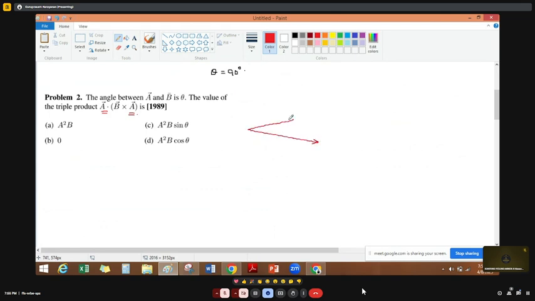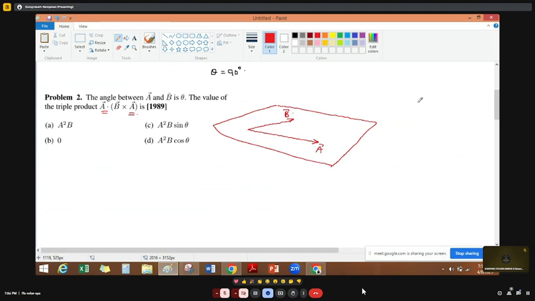So let's say this is a plane. This is A vector, this is B vector. So how will B cross A come? Along the plane or perpendicular to the plane? Perpendicular, sir. Okay, very good. Upwards or downwards? Upwards.